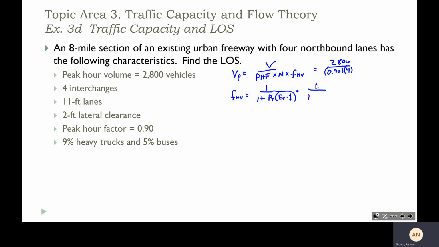So our PT is given in the problem. Let's ignore the buses and just look at the heavy trucks. So we have 0.09 for our percent trucks, and then our ET value, we're given 2 possible ones. We have a value of 2.0 for level terrain and 3.0 for rolling terrain. Which one do you think we should use in this instance?